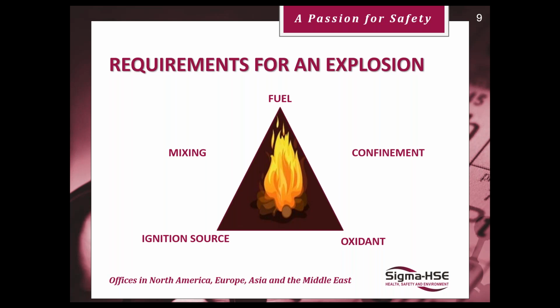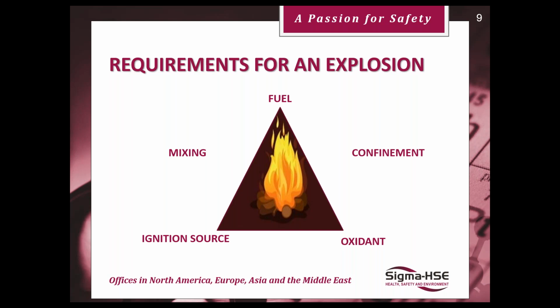Now, I've got confinement on the slide. It can equally be done by what's called congestion. And all that really means is the flame isn't confined, but as the flame travels through space, it comes across obstacles which it can't get through, so it needs to accelerate around.